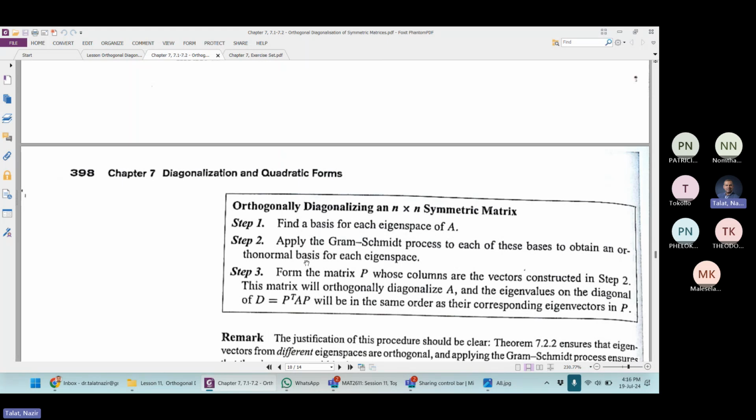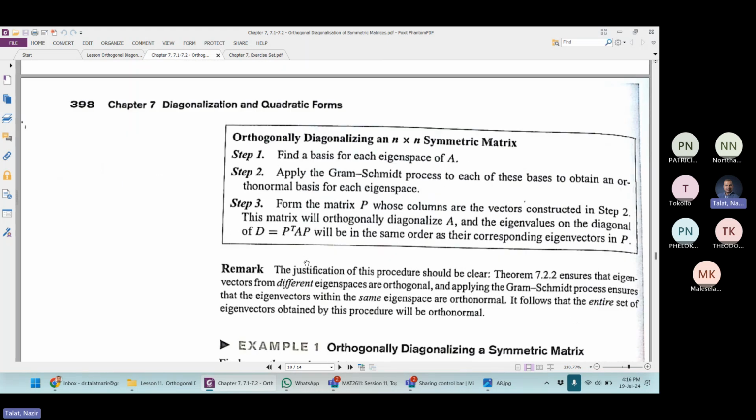Here we can see some results regarding how to find the orthogonal diagonalization of a given matrix. The first thing is to find the eigenvalues and eigenvectors of the given matrix. When you find the eigenvalues and eigenvectors, then we know the Gram-Schmidt process always gives us an orthonormal basis of the given spaces. So we need to apply the Gram-Schmidt process and make them orthonormal, not only orthogonal.